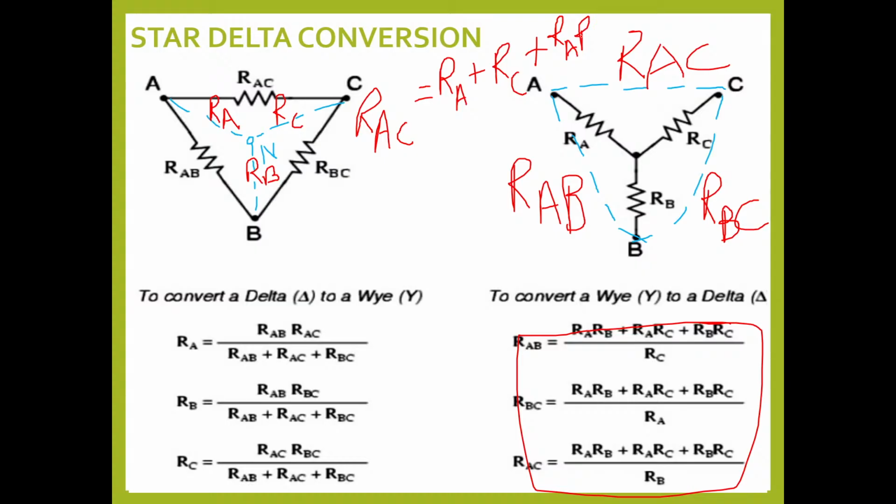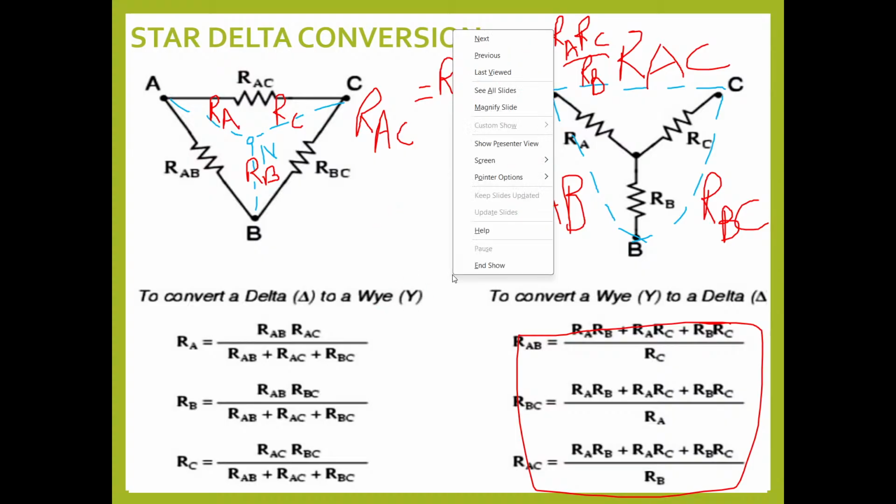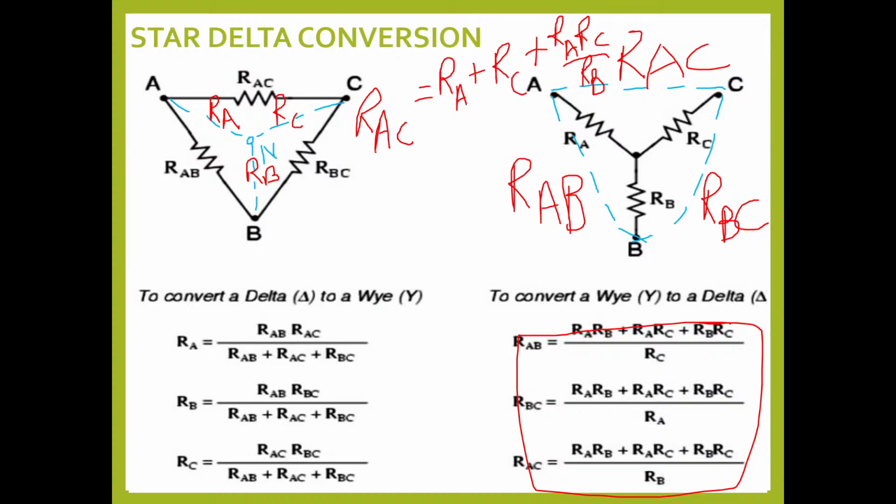What is left over? RB is left over, divided by RB. So what is RAC? RAC is equal to RA plus RC plus RA into RC divided by RB.